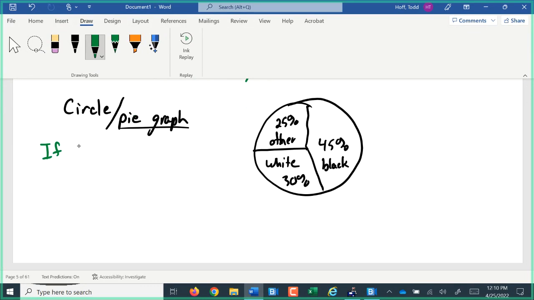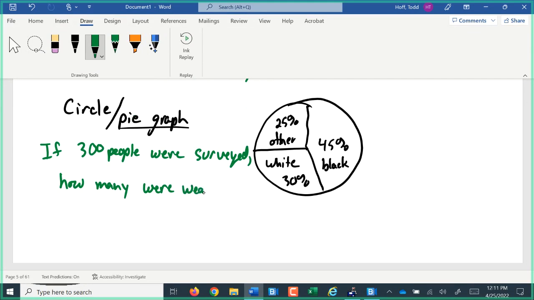If 300 people were surveyed, observed, however you want to look at it here, how many were wearing black?